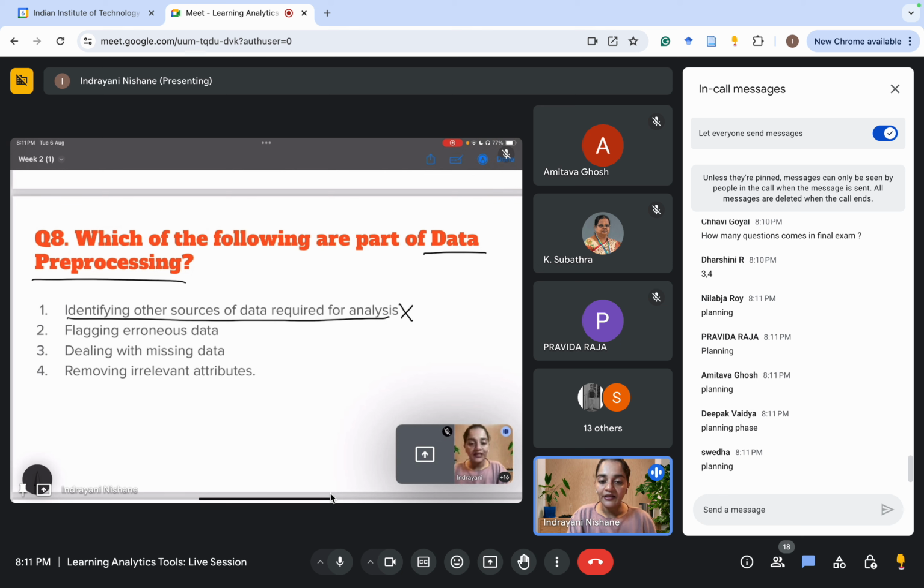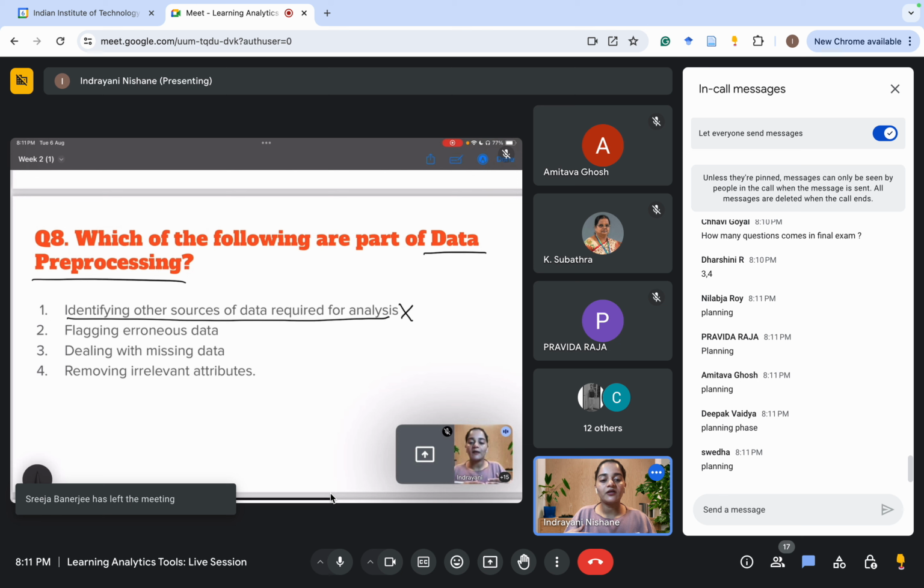Now, flagging erroneous data. We have collected the data, we have looked at it, and now we need to flag which data is erroneous, where the error has happened. While capturing the log data, there may be some error, some timestamp error. The most common error is of timestamp and time spent. Sometimes a learner doesn't log out and the same session continues.